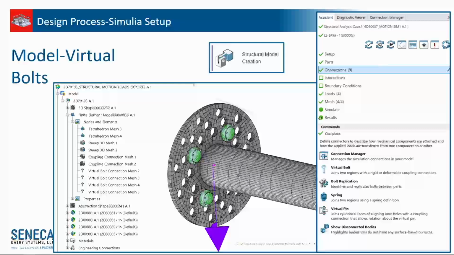Okay, so virtual bolts. What I wanted to show here, on the right side, is the assistant. The thing I realized with the assistant is that as a new user, it really helped me a lot. But as I became more proficient, I still use it.